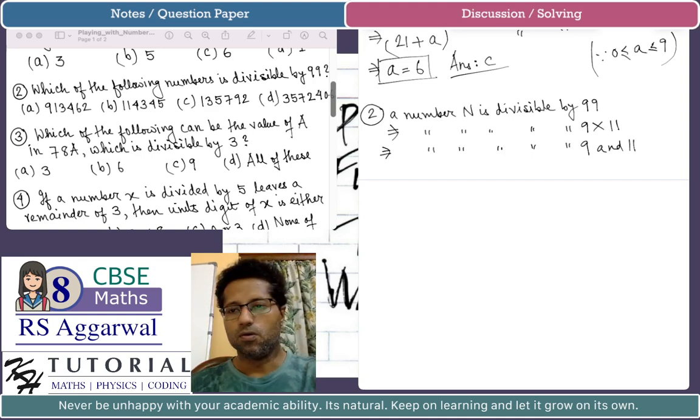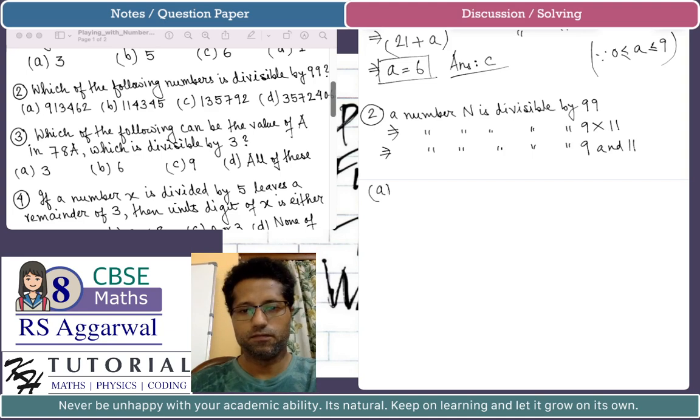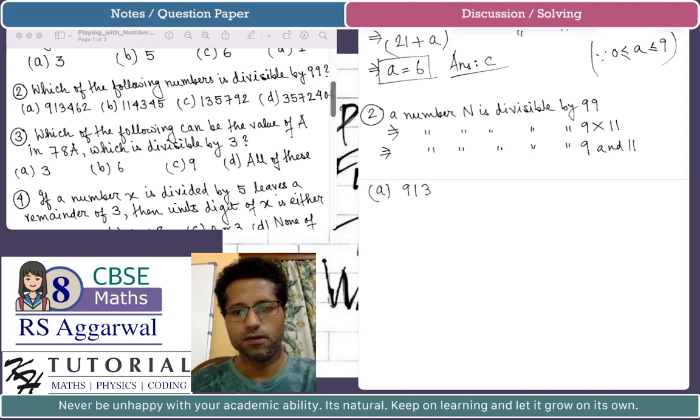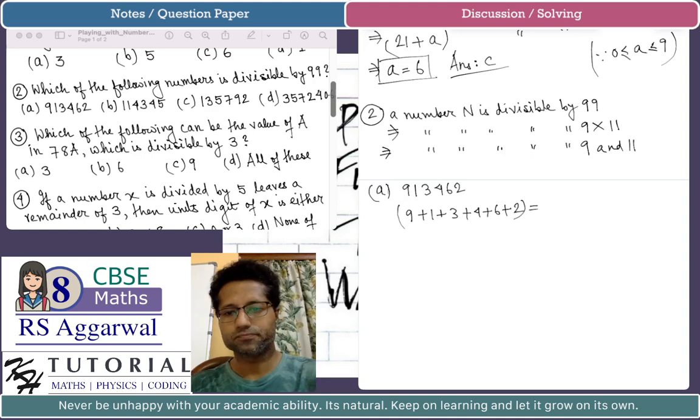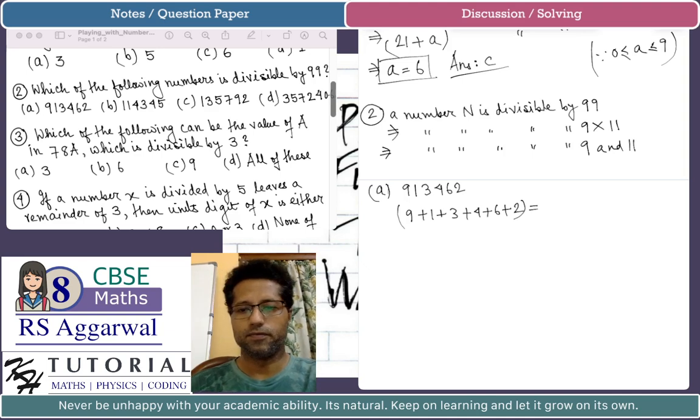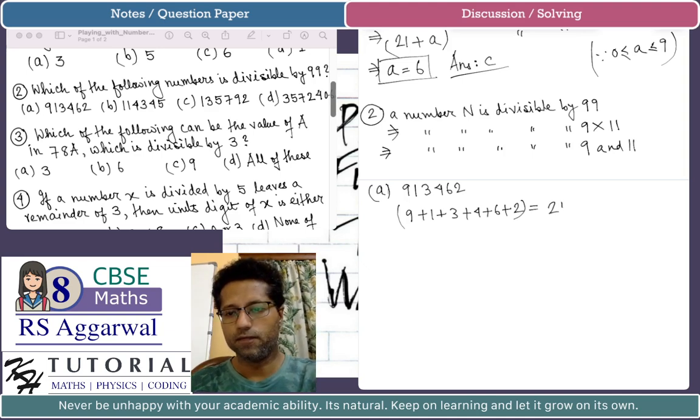Let's see choice by choice. Let's see choice A. The number is 913462. The sum of the digits is 9 plus 1 plus 3 plus 4 plus 6 plus 2, which is 10, 13, 17, 23, 25.